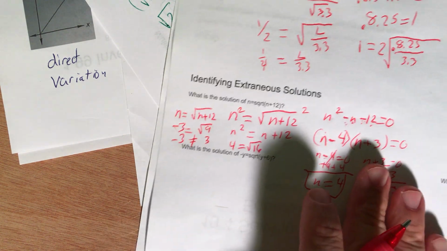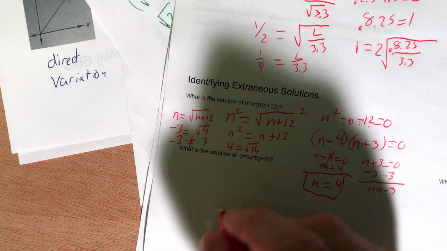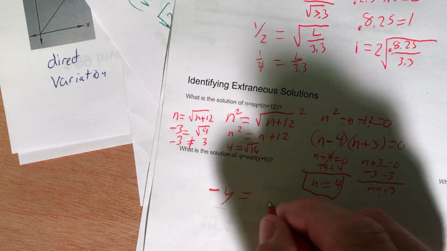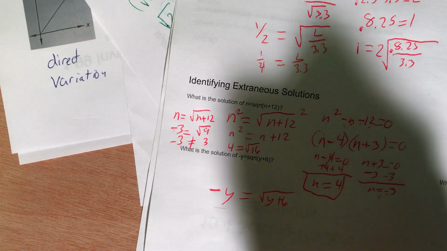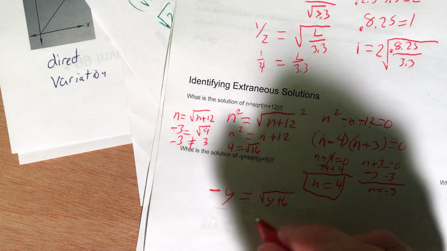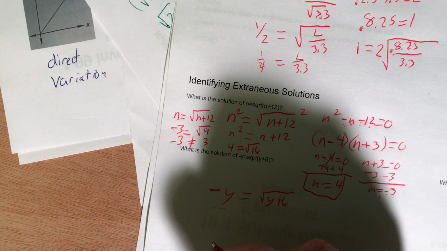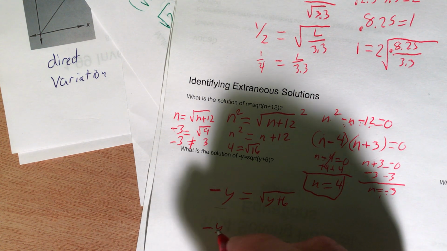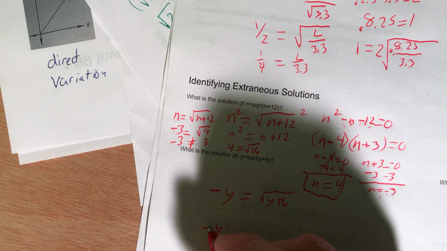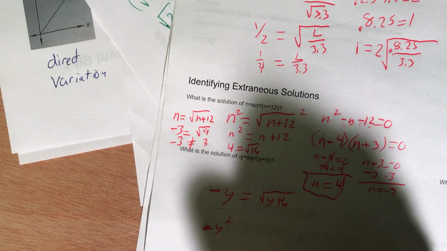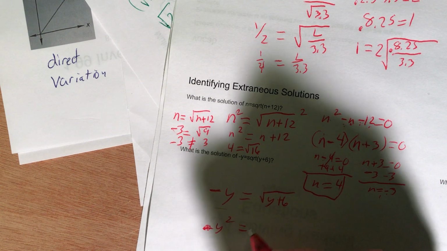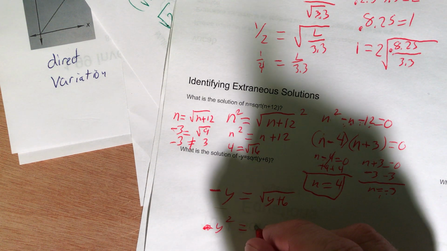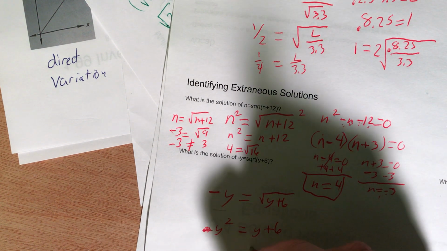Okay. What is the solution of negative y equals square root of y plus 6? You've got to square both sides, so you're going to end up with negative y, oh, that'd be positive though, because a negative times a negative becomes positive, equals y plus 6.